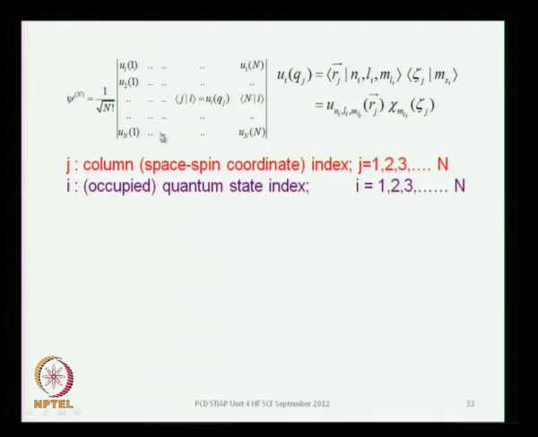and you have the columns which keep track of the coordinates, and the rows which keep track of the quantum states which are occupied. It is a matter of choice, you choose that these are the states which are occupied.